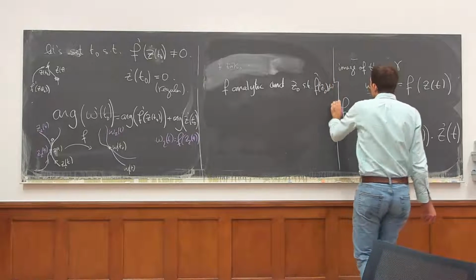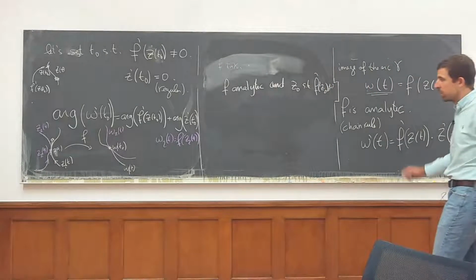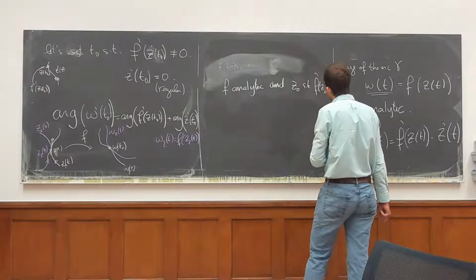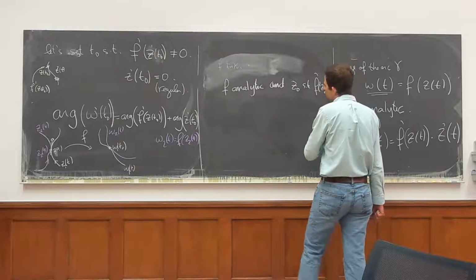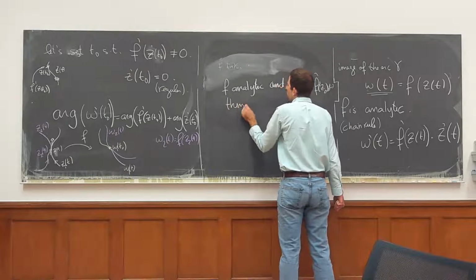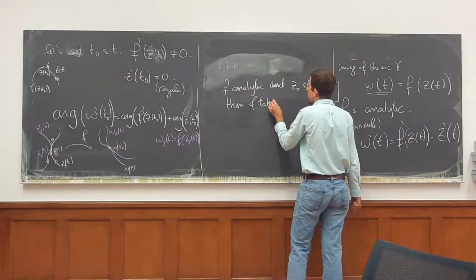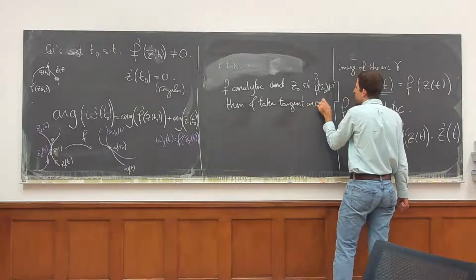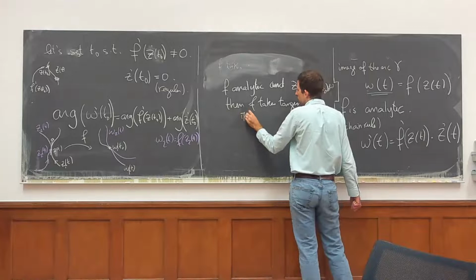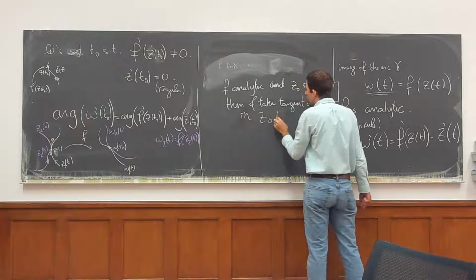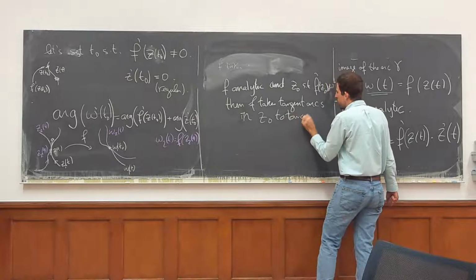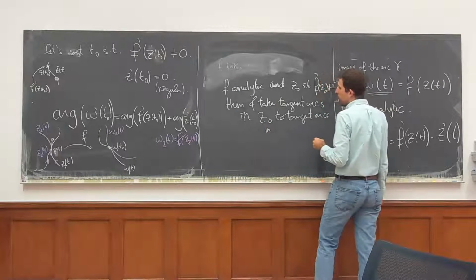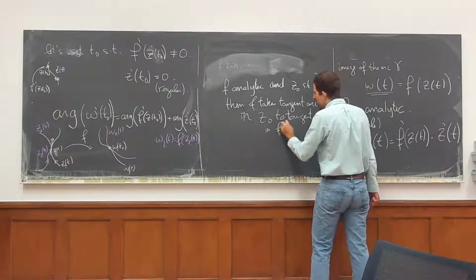If it's 0, then there's not much we can say, because then this argument doesn't work. If f is analytic and z0 is such that this holds, then f takes tangent arcs in z0 to tangent arcs in f of z0.